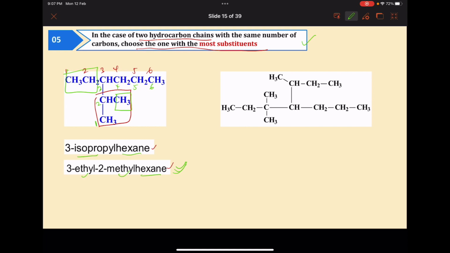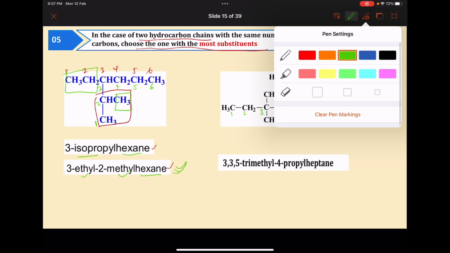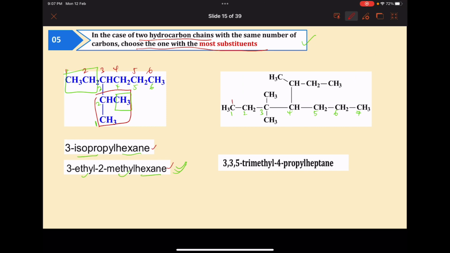The same goes for the next example. For the next example, we find the longest chain of carbon. 1, 2, 3, 4, 5, 6 and 7. Or we can go 1, 2, 3, 4, 5, 6 and 7.